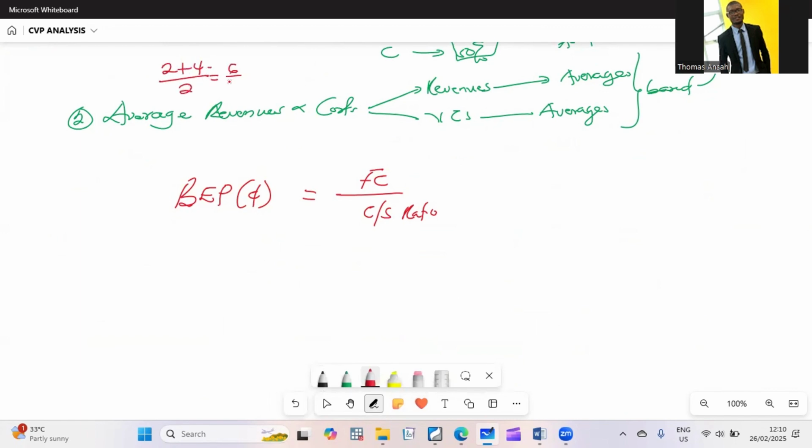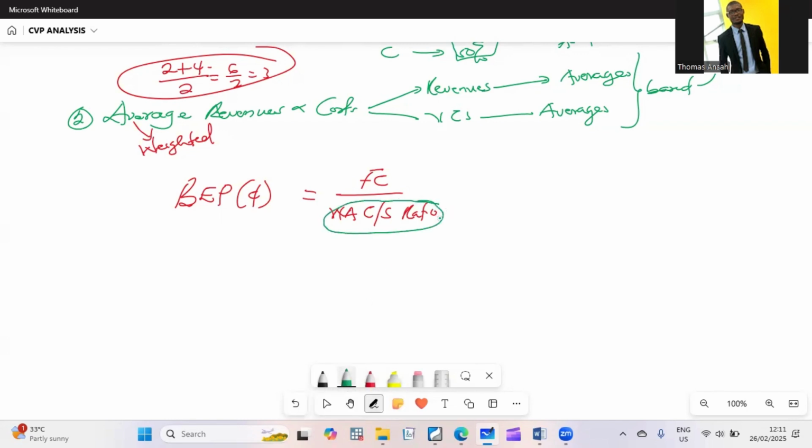No, we are using weighted averages based on the mixes. So here will be a weighted average contribution sales ratio. And how do we find this weighted average contribution sales ratio or contribution margin ratio, whichever name you want to use?